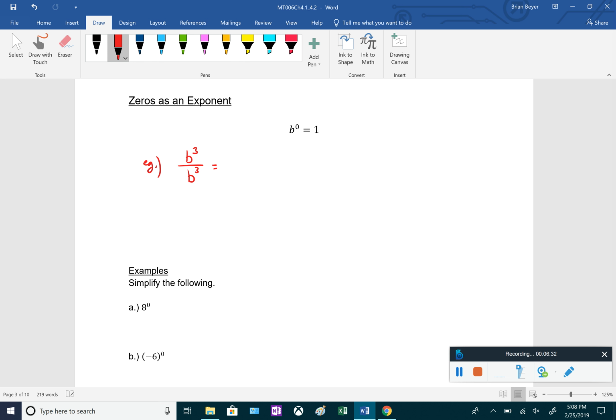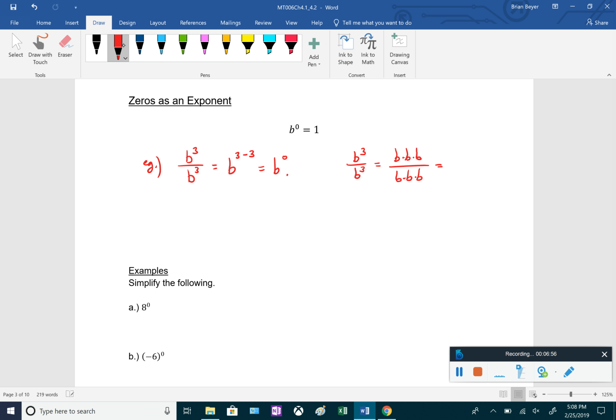Let's say we had b cubed over b cubed. Based on the quotient rule, we know this is b to the 3 minus 3, which is b to the 0. Or we could have said b cubed over b cubed is b times b times b over b times b times b.